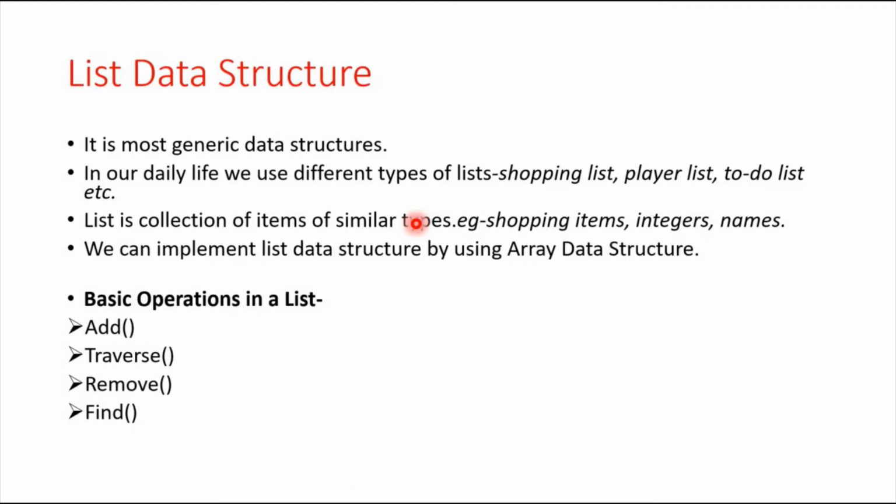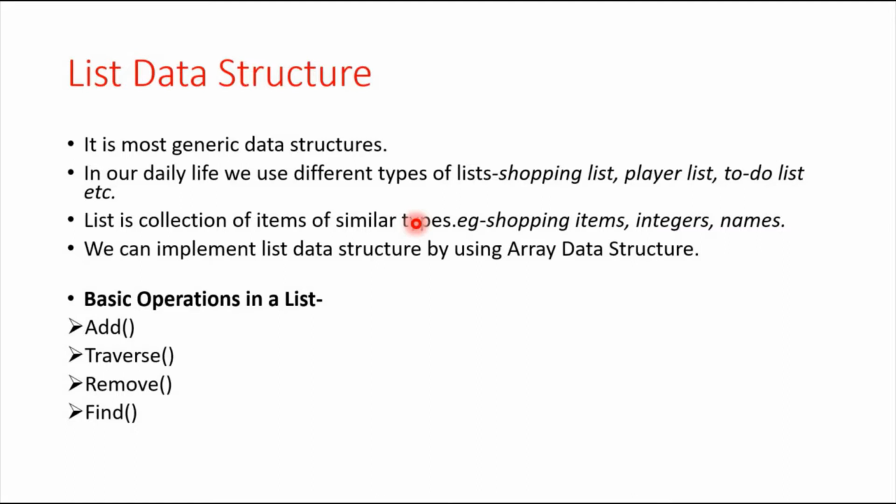If we have an integer list, it contains integers, let's say 1 to 100, or the list of even numbers from 1 to 100, or prime numbers from 1 to 100.